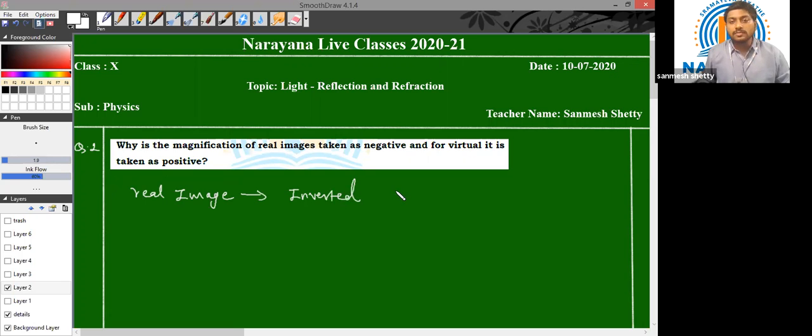For example, if this is my principal axis, let us say this is x, this is minus x, y, minus y. So a real image is always inverted. If the object is like this, the inverted image will be like this. So it lies along the negative y-axis. That's why the magnification is taken as negative.